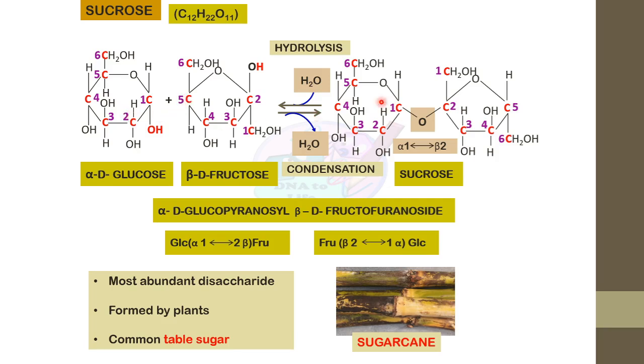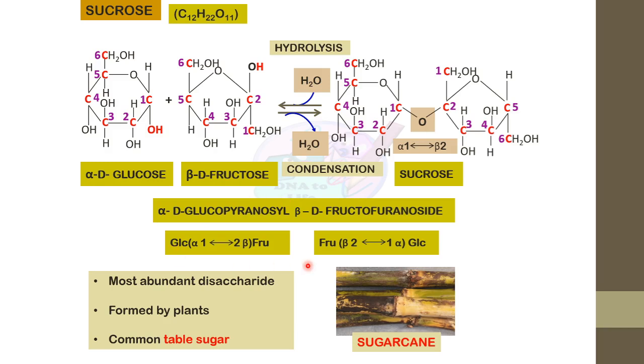But sugar always opens at its anomeric carbon, and here in the case of sucrose, both the sugars have their anomeric carbon engaged in bonding. So sucrose cannot be converted to its open form because the anomeric carbon is engaged in bonding.